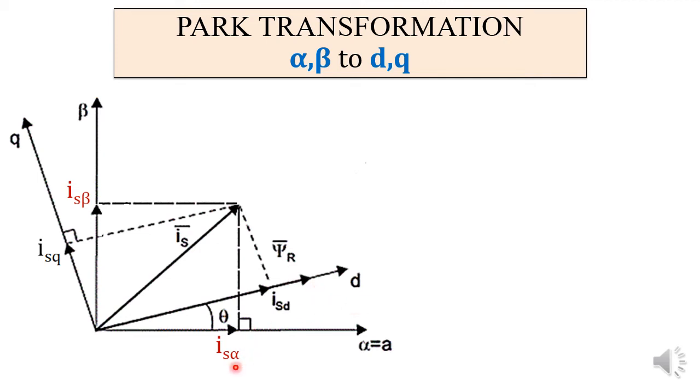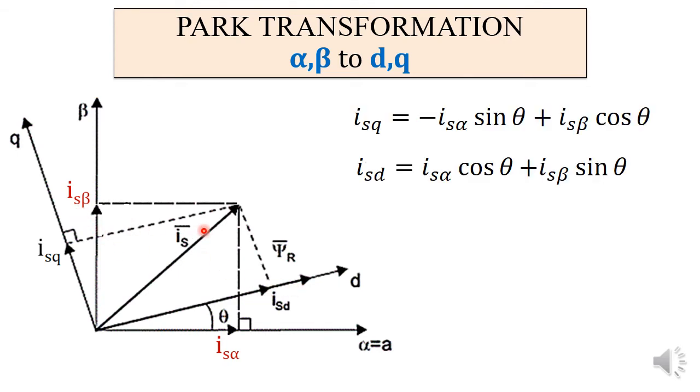So we can directly write the equations for ISQ and ISD. The components of the stator current vector IS along Q and D can be easily written from the figure itself. So these are the equations.